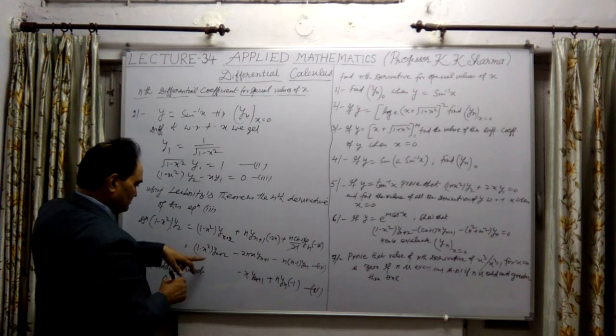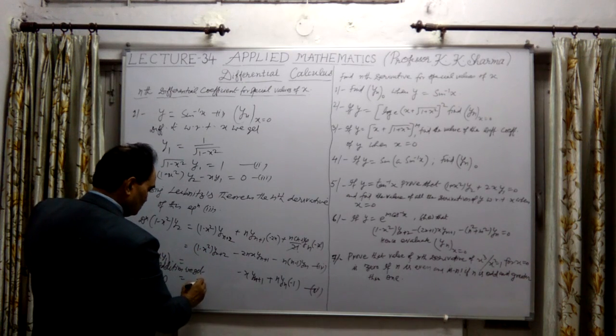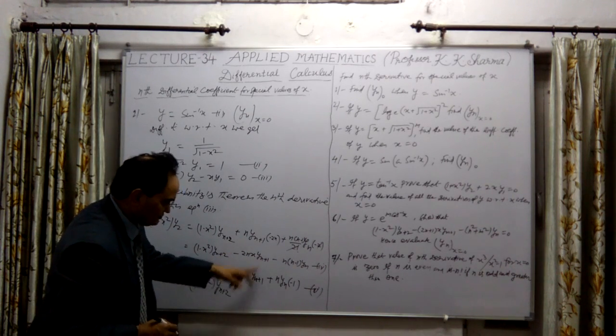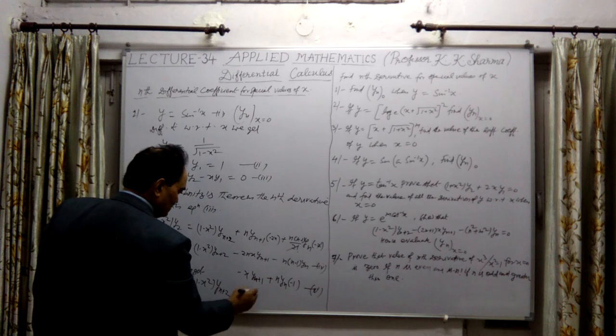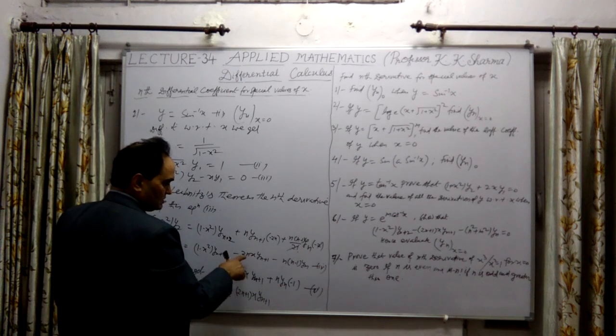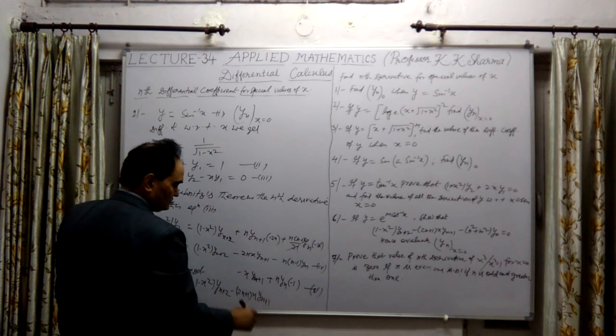Now on the right hand side we have only one step which has the y n plus 2 term. This is 1 minus x square into y n plus 2. Now the sum of these two steps, similar terms, because they are like terms. So y n plus 1 is another term, but with minus sign, so let me take minus sign common. This is minus twice nx and this is minus x. Let me take minus x common out of the bracket, so 2n plus 1. Alright.